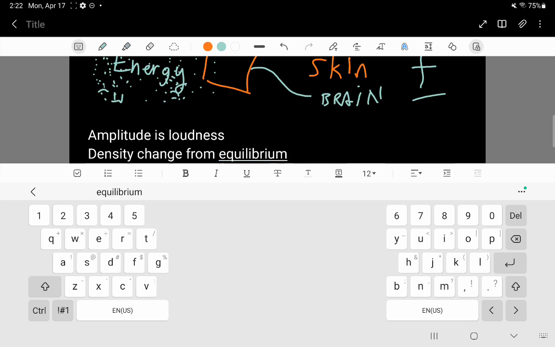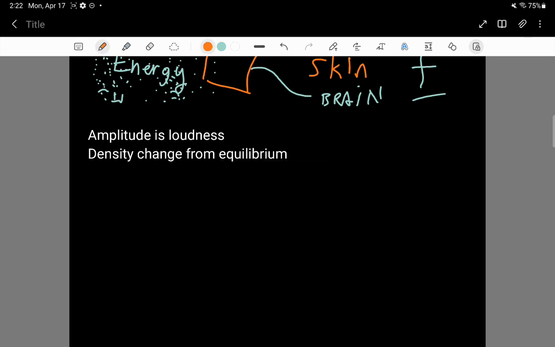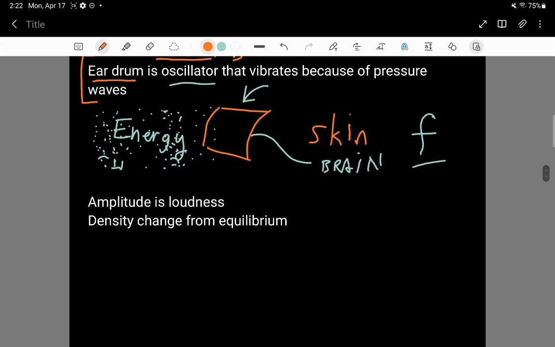That is, the harder you push and pull, for example, with a speaker head, then the larger is the density disturbance, right? And when that gets to your eardrum, if the density disturbance is very, very large, then your eardrum gets pushed inwards and pulled outwards very, very hard. And your brain can detect that as a loudness. It understands that as a loudness.